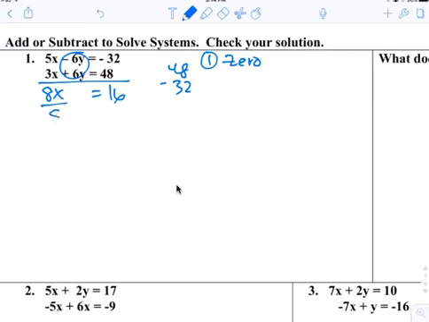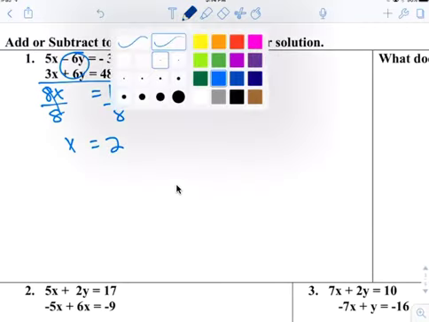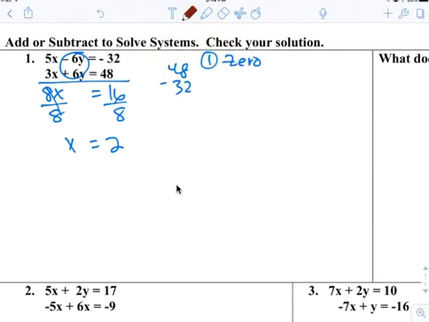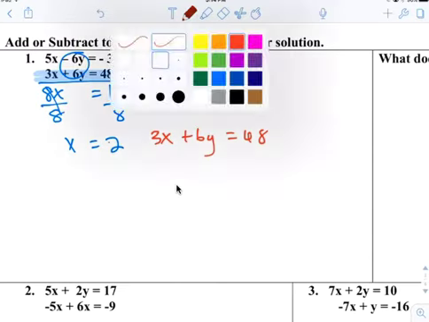So you get 8x equals 16, and then x equals 2. If x equals 2, the easiest one to deal with is the one with all positives right here. Again, you've got 3x plus 6y equals 48. Substitute in 2 for x.